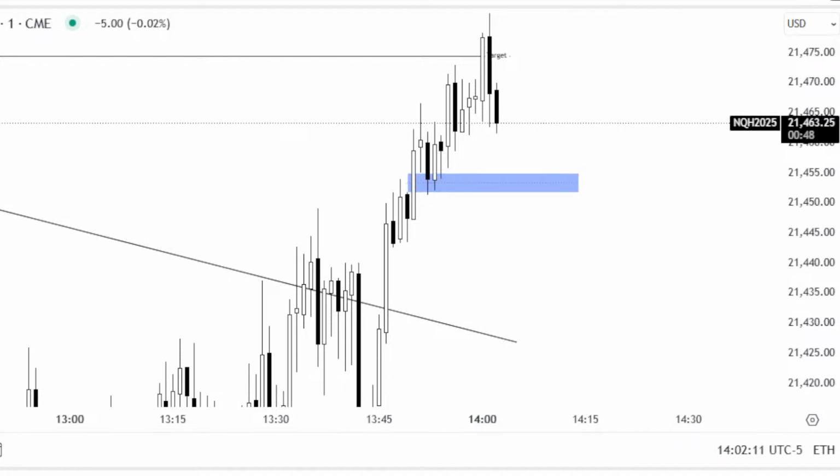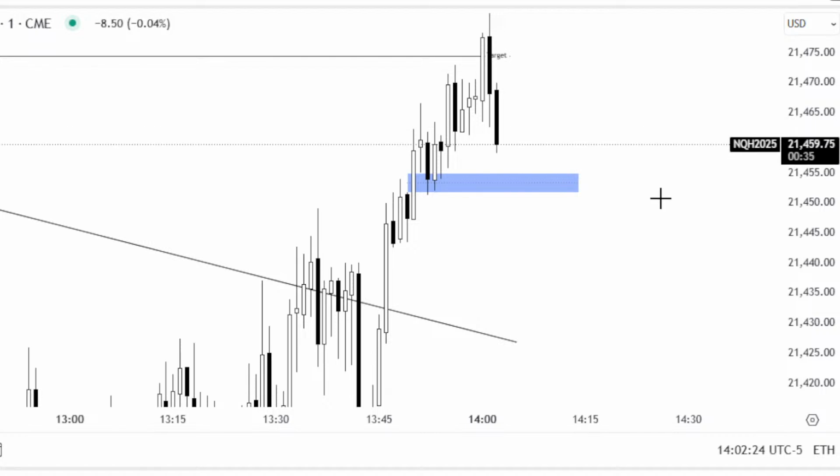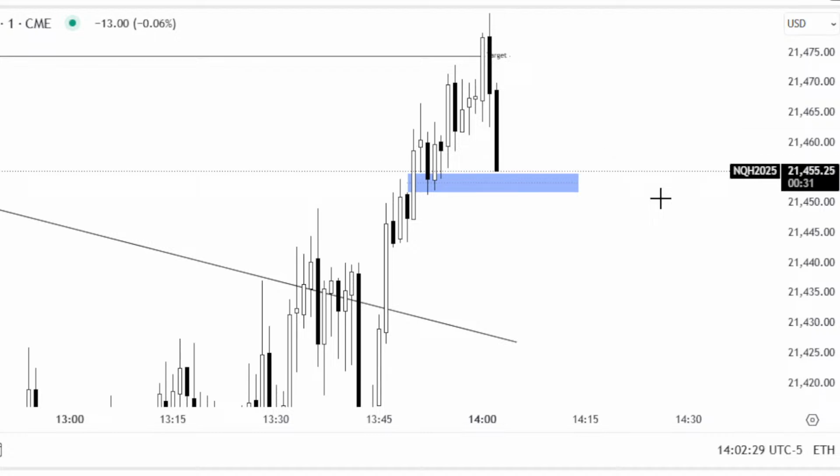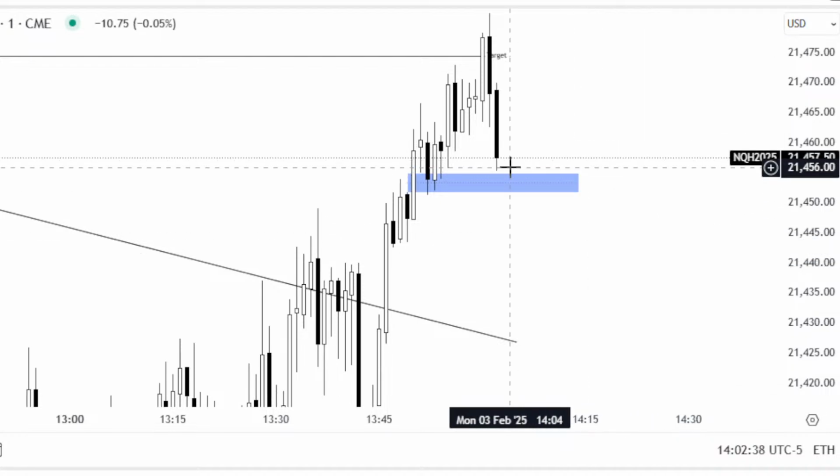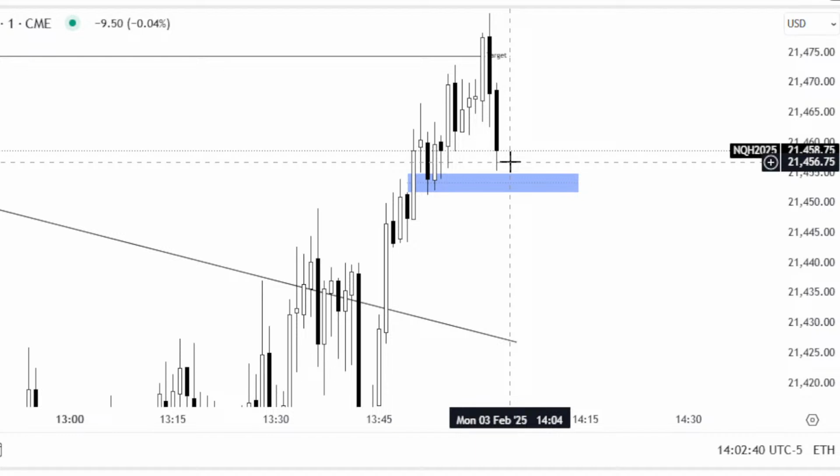We can keep an eye for inversions. I wouldn't try jumping early. I'll just wait.